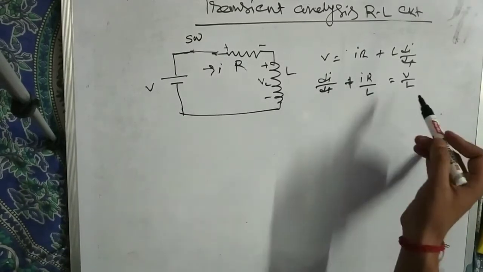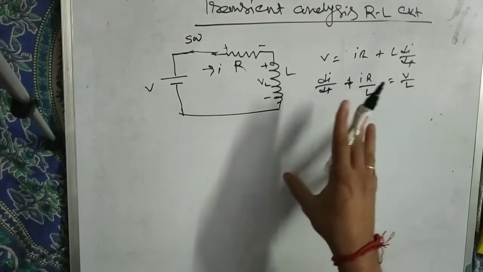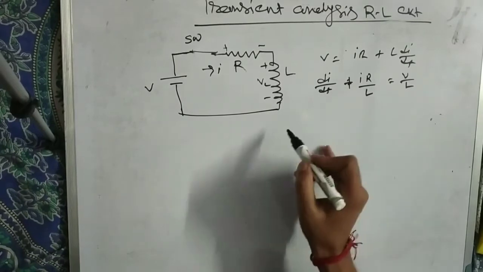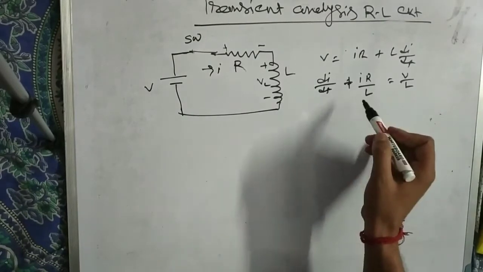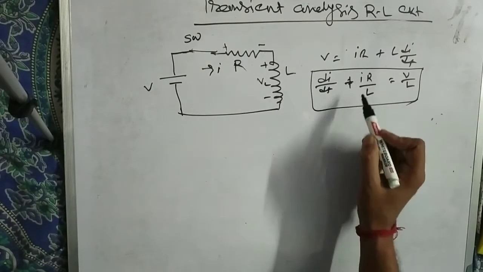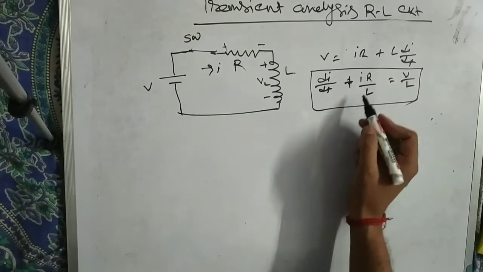You may have already studied it in a previous mathematics class. How can you solve it? I am giving you a task to solve this differential equation on your own. The clue is you have to multiply both sides by the integrating factor.